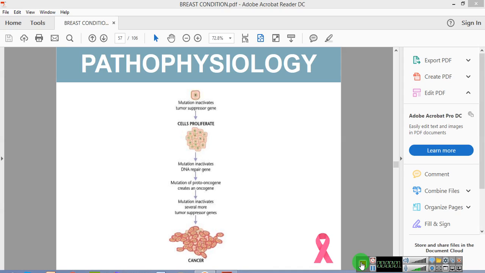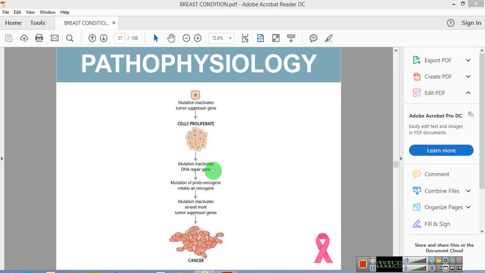Pathophysiology of breast cancer. Mutation inactivates tumor suppressor gene. Usually, we know mutation occurs in the cells in our body. The cells proliferate, growing rapidly.